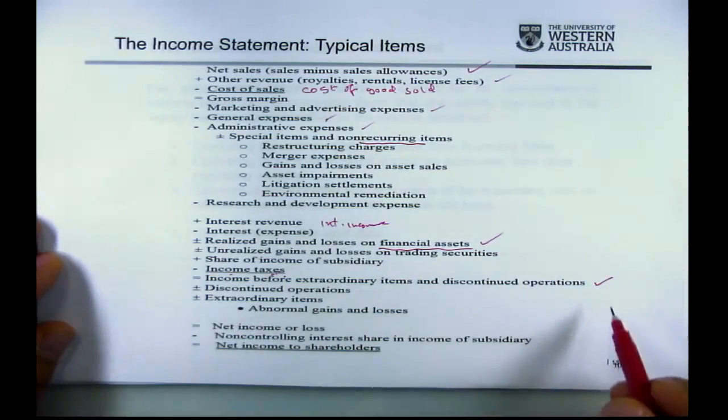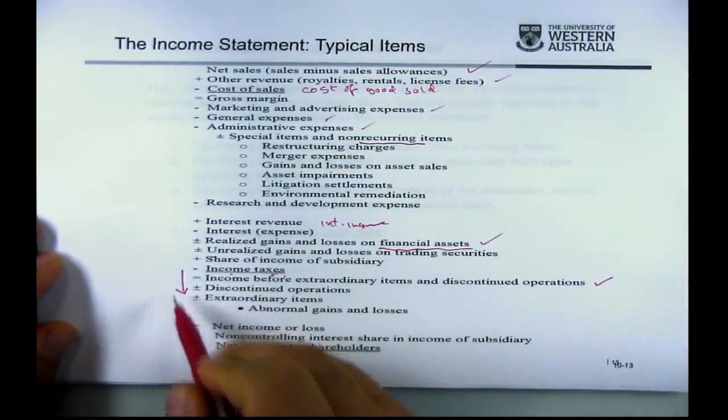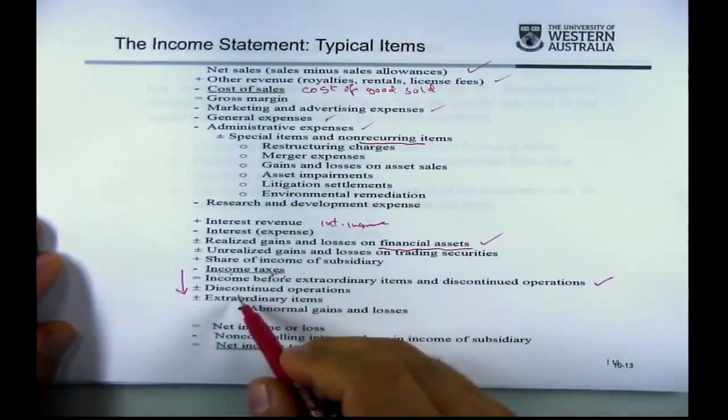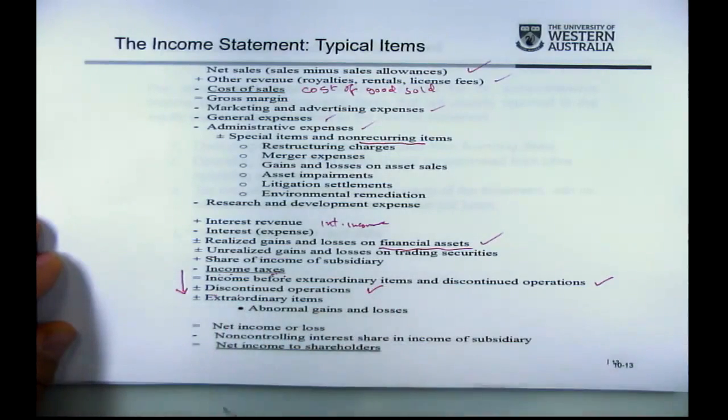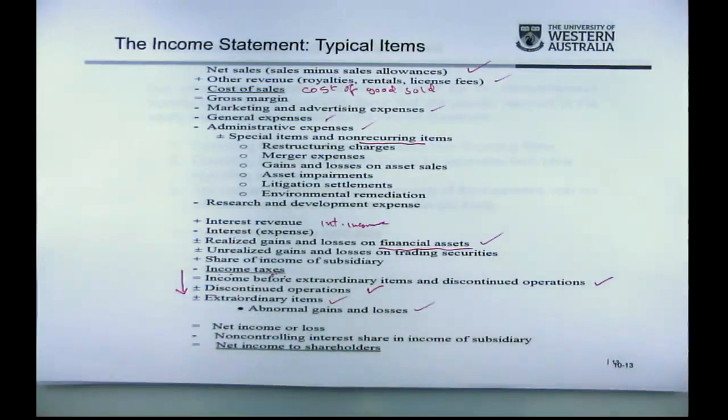Any gain or loss reported beneath the income tax line, such as gains and losses from discontinued operations, abnormal gains and losses or extraordinary items, usually they are reported on an after-tax basis. So you do not need to deal with them or to allocate the tax on them.